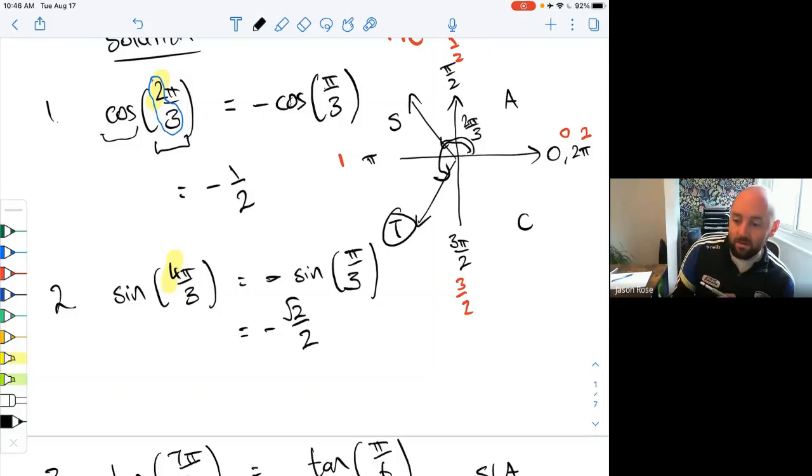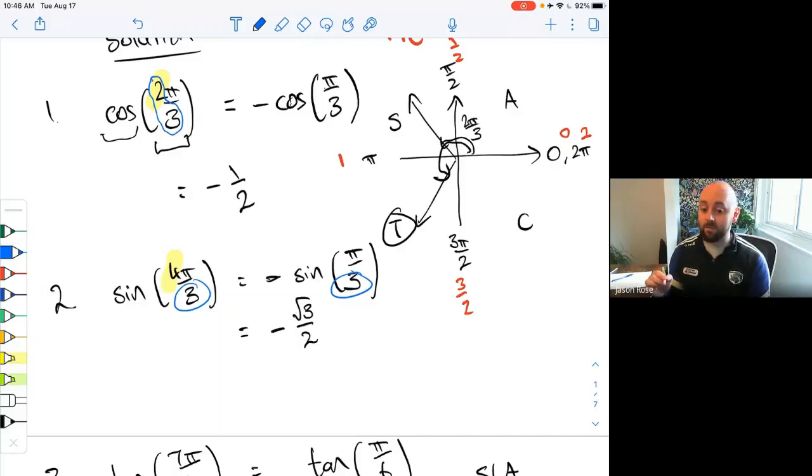Did you notice that? So I accidentally changed a number as I was doing it. So my answer here actually should have been sine of pi over 3 is root 3 over 2. I accidentally changed the denominator going from here to here. I wrote a 4 instead of a 3.